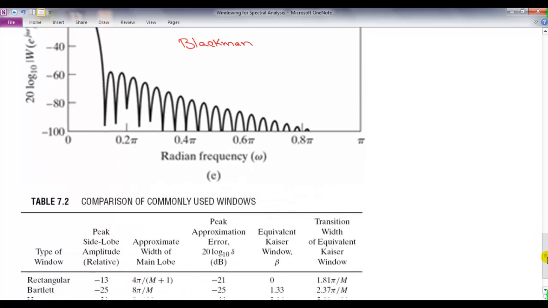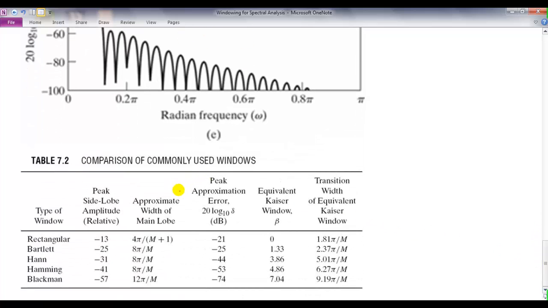Okay. And you can do the comparison between all these windows by, so if you focus on the first three, this is the table in chapter 7. If you focus on the second and the third column, they all give you this sense that rectangular has the best main lobe width.